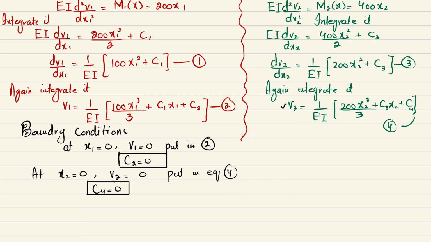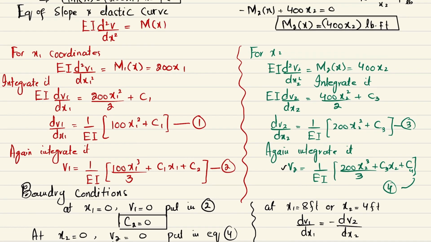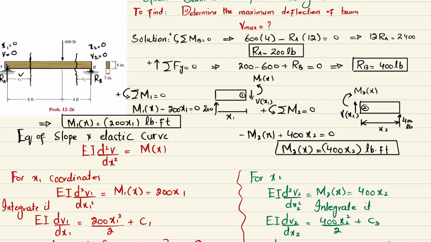Now the other boundary condition that we will use is at x1 is equal to 8 feet or x2 is equal to 4 feet. We have dv1/dx1, the slope at this point, will be the same, but with a minus sign. You can see this is the point where x1 is equal to 8 feet and x2 is equal to 4 feet.